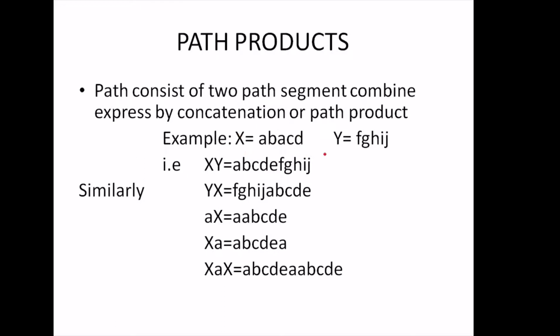Here we have two different paths: we are assigning this particular path an element X, and this particular path we are assigning element Y. If we take the product of X, Y, we can observe A, B, C, D, F, G, H, I, J. So the product of these two terms gives the elements.